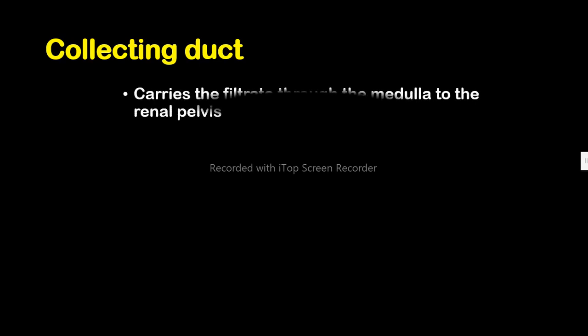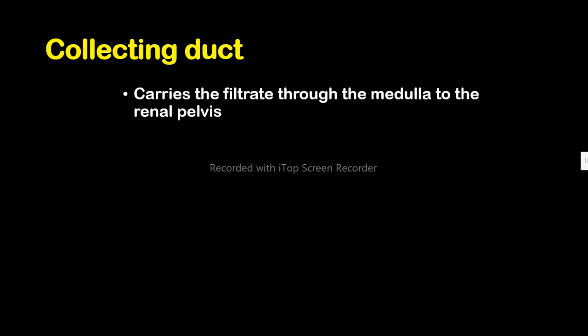Now here, somebody asked, as we were studying, that much water continues up to the collecting duct. How is it absorbed?